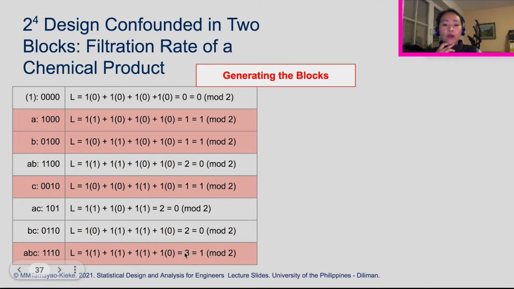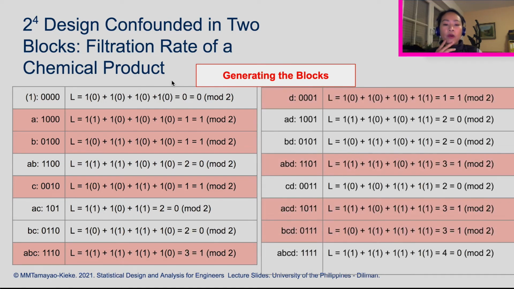And that would be equal to 3, which is actually equal to 1 modulus 2. Now, if we complete the list, you would have two groups of combinations having the same L modulus 2, and those that have the same L modulus 2 would belong to one block and the rest to the other.